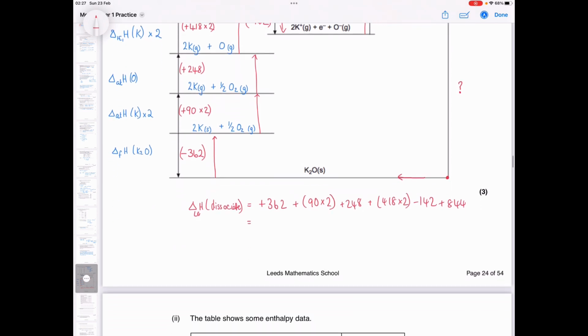Let's add all that together. Plus 362. Plus 180. Plus 248. Plus 836. Minus 142. So the answer I get is plus 2328 kilojoules per mole.